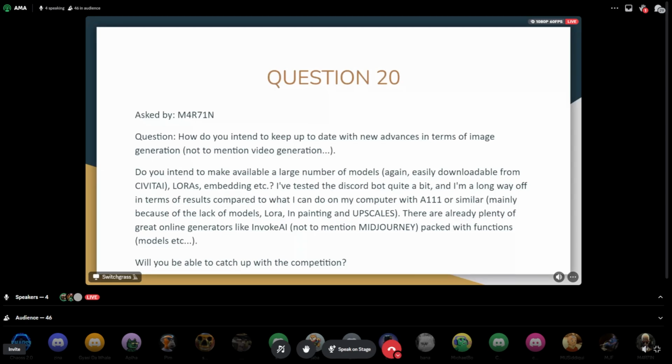He goes on, he says, do you intend to make available a large number of models, easily downloadable from Civit AI, LoRAs, embeddings, etc.? I've tested the Discord bot quite a bit, and I'm a long way off in terms of results compared to what I can do on my computer with A1111 or similar, mainly because of the lack of models, LoRAs, inpainting and upscales. There are already plenty of great online generators like Invoke AI, not to mention Midjourney, packed with functions, models, etc. Will you be able to catch up with the competition?